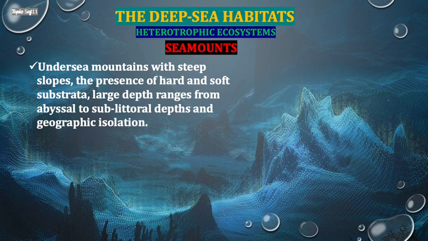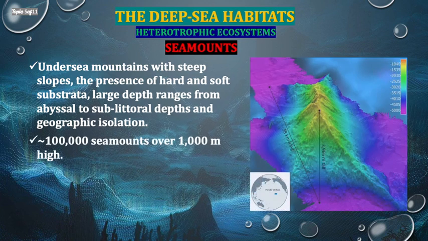So currently, there are about 100,000 seamounts in the oceans, and most are above 1,000 meters high. One of the examples here, in the right photo, shows the topography study of the seamount of Kaunana in Hawaii.